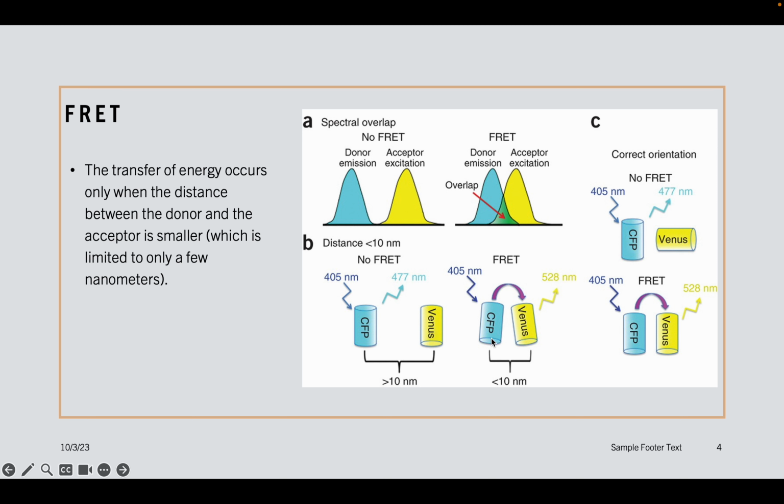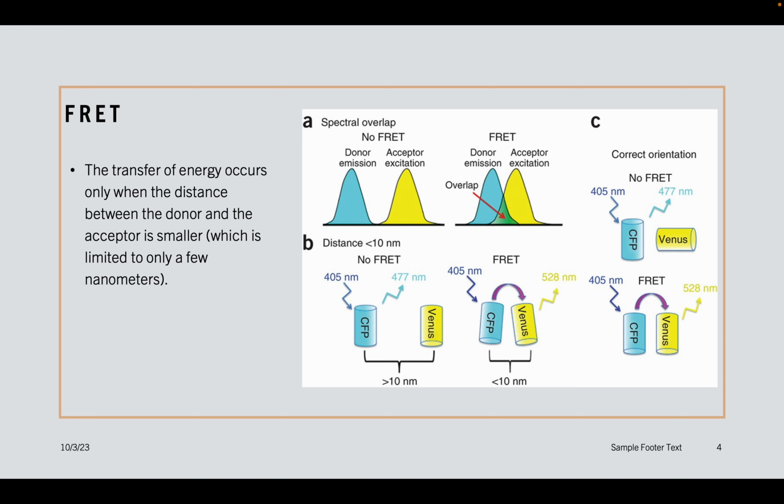Only if the excitation and emission match and the distance is less than 10 nanometers will there be energy transfer. Another important thing to consider is the orientation. If the orientation of the two molecules is not correct, then there will not be FRET. Only if the orientation is correct will you see the energy transfer.